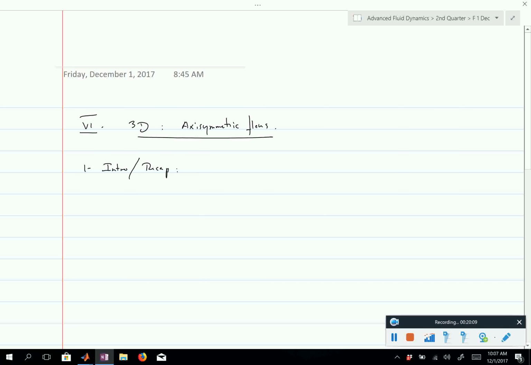So just so that you see visually the difference, up to now we discussed ideal 2D planar flows. What these really represent are just flows in 2D.